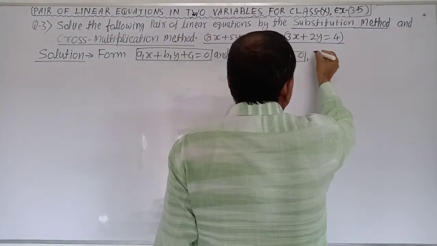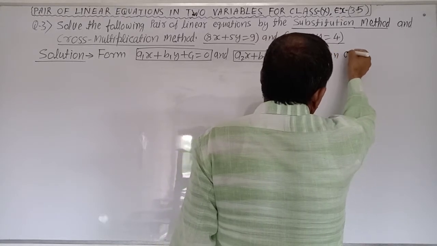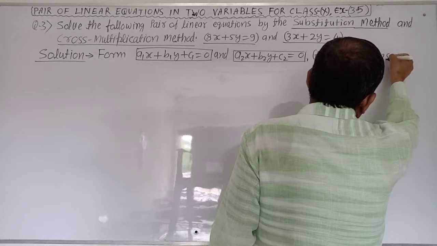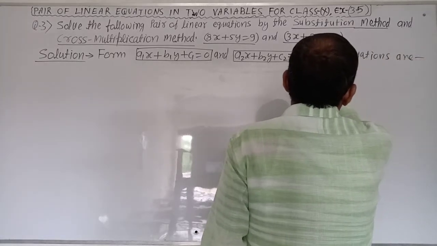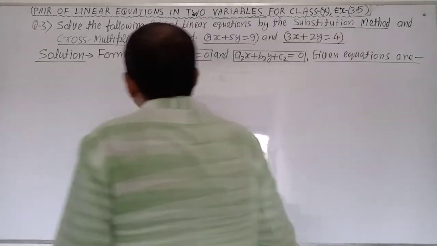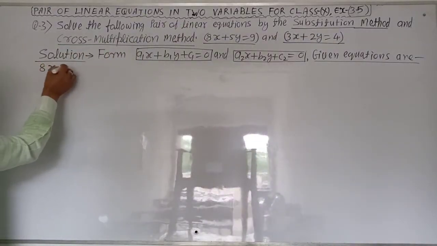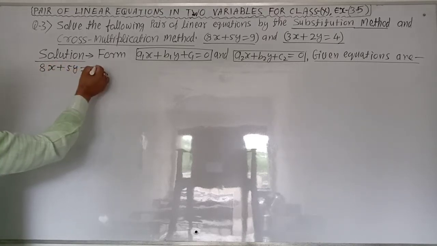Given equations. Given equations are 8x plus 5y equal to 9.